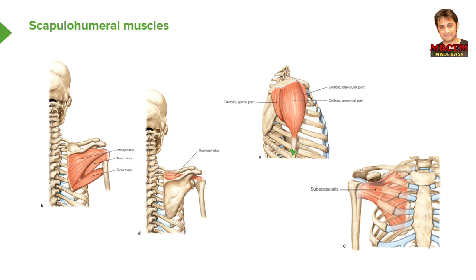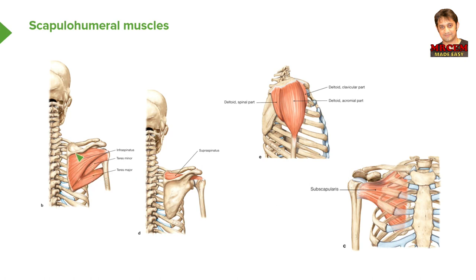and then the middle portion of deltoid carries on the movement of abduction. If we now go to other scapulohumeral muscles running from the scapula to the humerus, we find we have a muscle coming from the infraspinous fossa, inferior to the spine of the scapula, and that passes also to the greater tubercle of the humerus. We then have teres minor and teres major, all these muscles running from the scapula to the humerus.